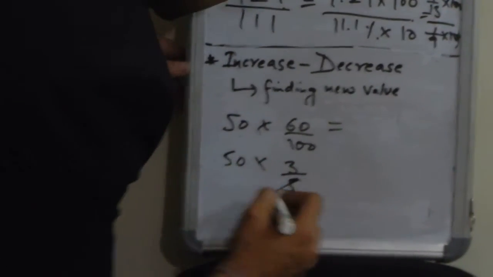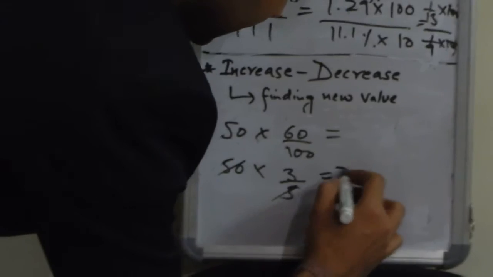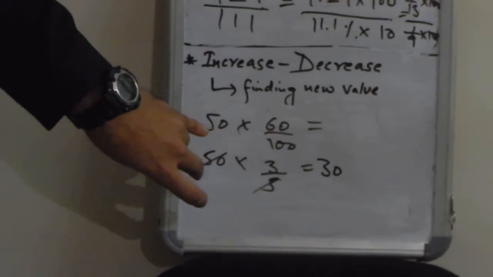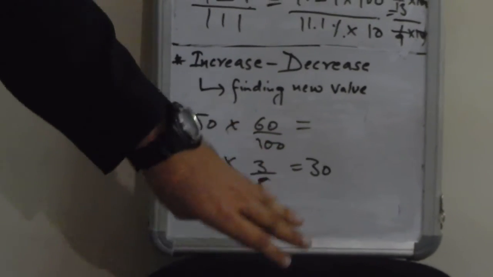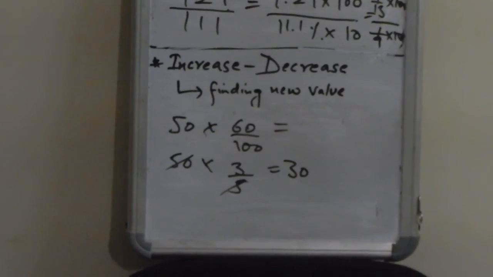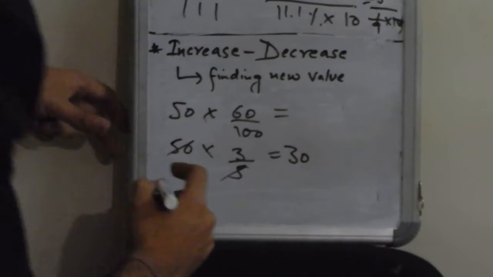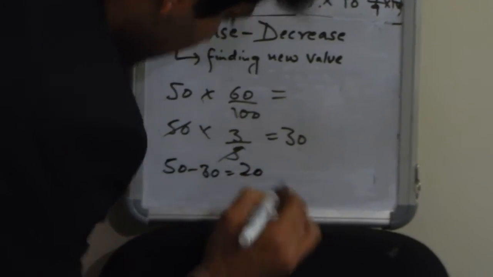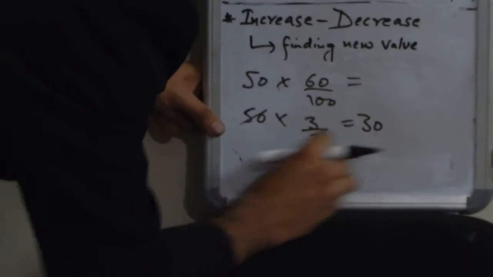So this becomes very simple, cutting this and you get 30. So 60% of 50 is 30. And eventually if we decrease something by 60%, it would be 50 minus 30. That would be 20.